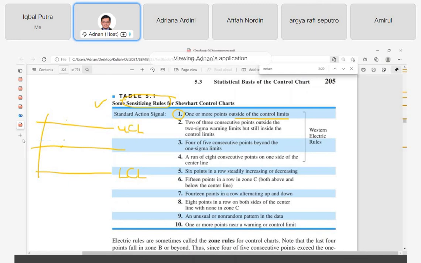Just a straight line, easier. This is 3, this is 2, and I have another line here, which is 1 sigma. The same thing, we divide the line into 3 at the bottom and 3 above. Here is the central line. So this is 1 sigma, 2 sigma, 3 sigma.